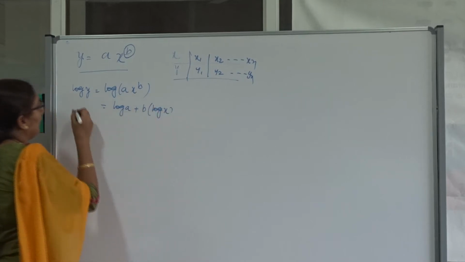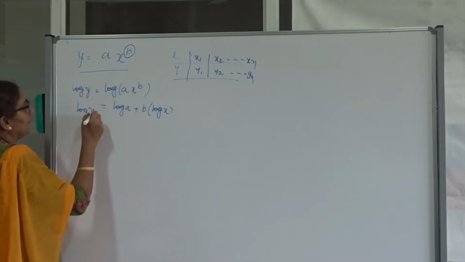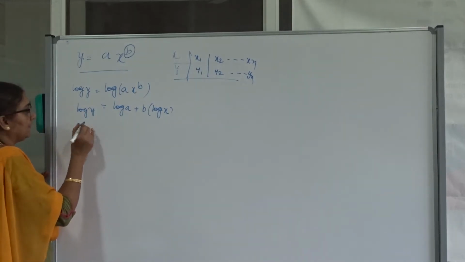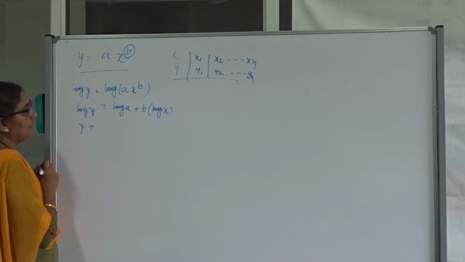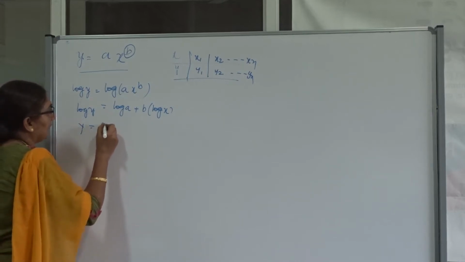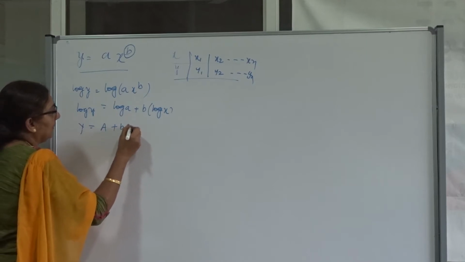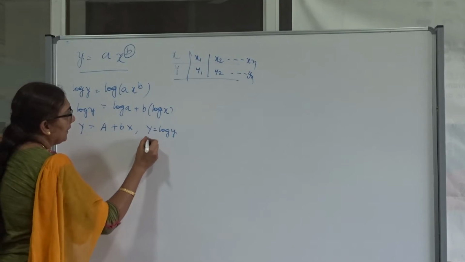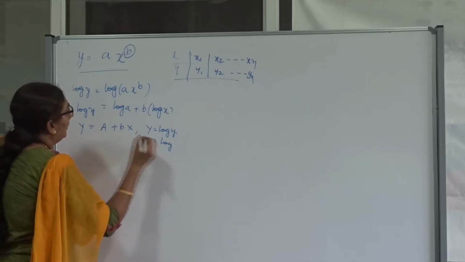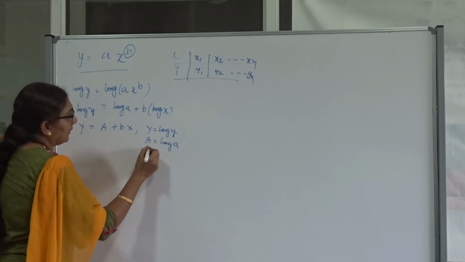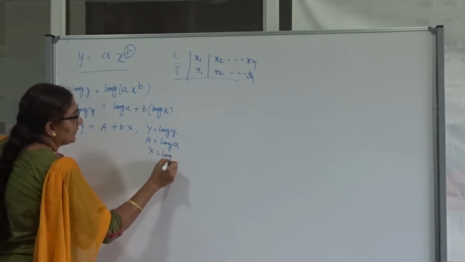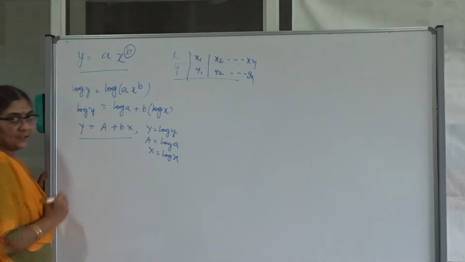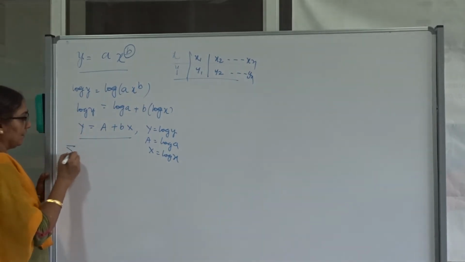I told you very clearly in my previous video, once you have converted into the form of a polynomial, it is better to replace the variables having log by capital letters: capital Y is equal to log y, capital A is nothing but log of small a, and capital X is nothing but log of small x.